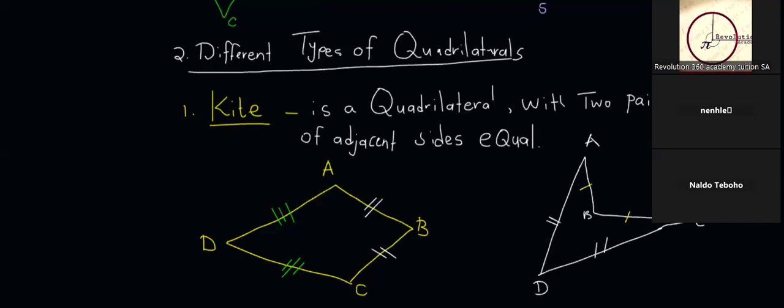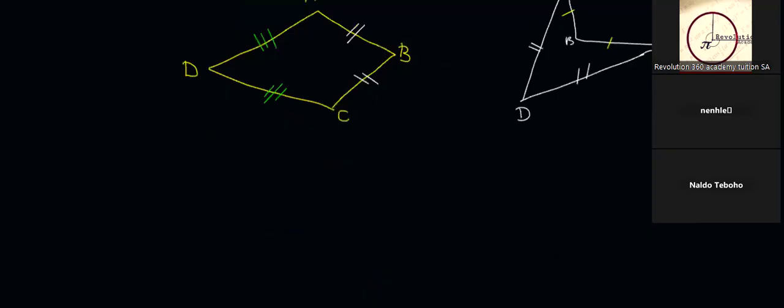One thing that you need to understand is that from these drawings, we know that ABCD is a kite. It's a kite because what?